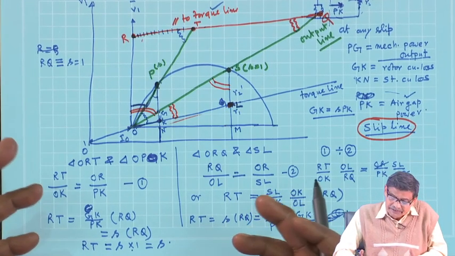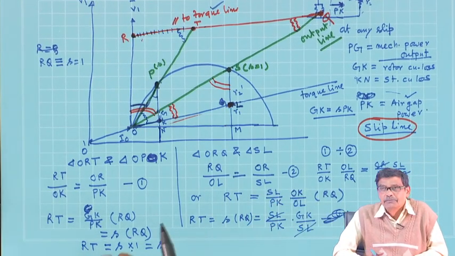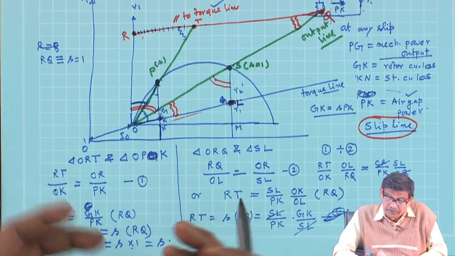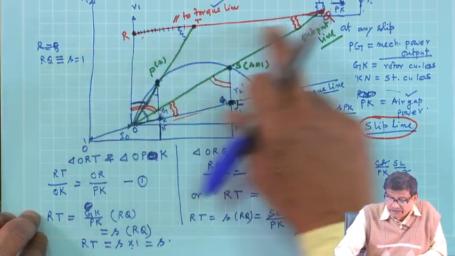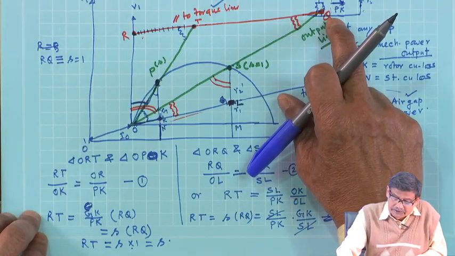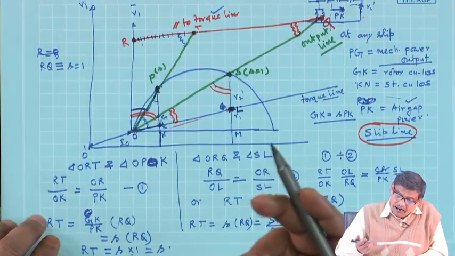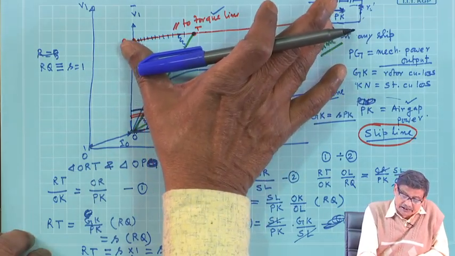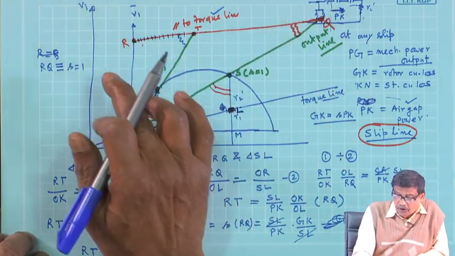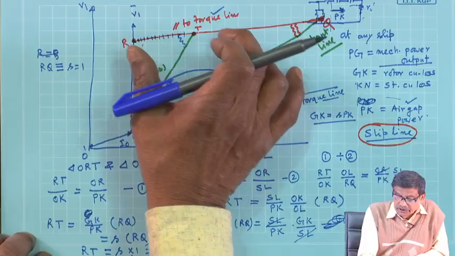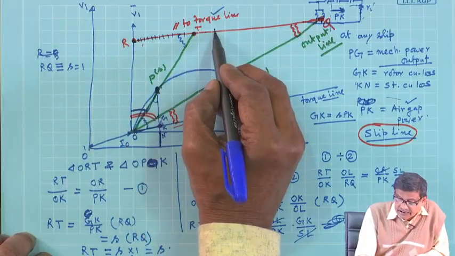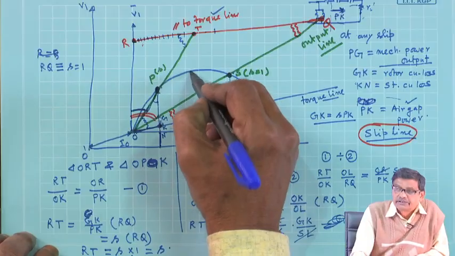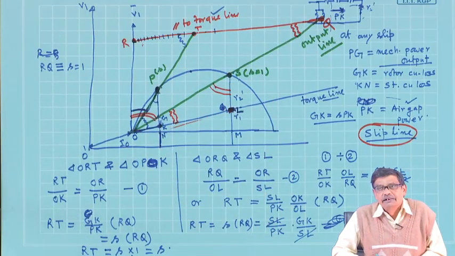Or say, if somebody gives me a problem that at slip 0.04 I want to find out the performance, I have this slip line also drawn, divided. So this much centimeter represents slip 1, then 0.04 is represented by which centimeter, I will cut that length and join this point with this point, and the point of intersection will be the operating slip.